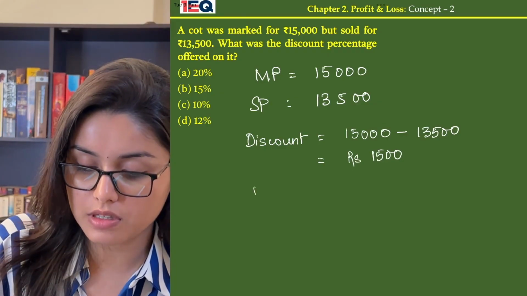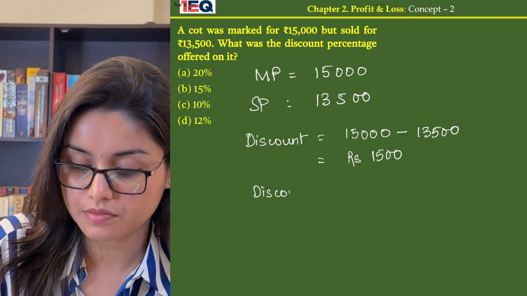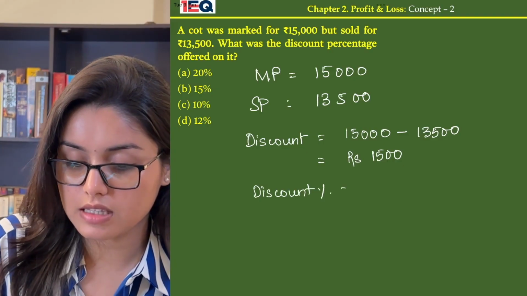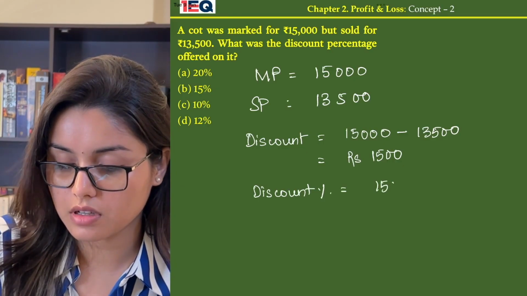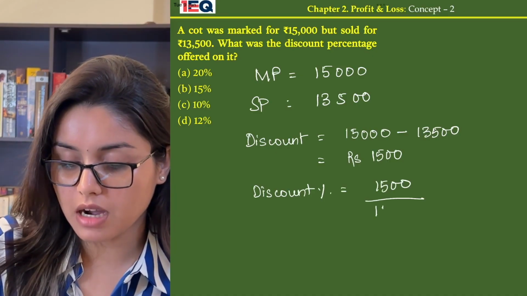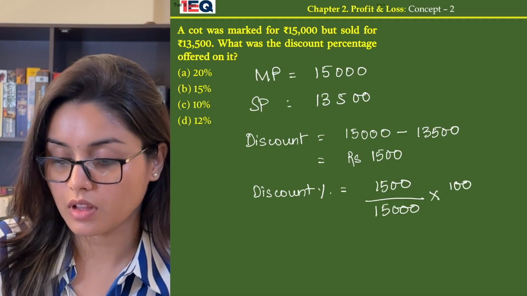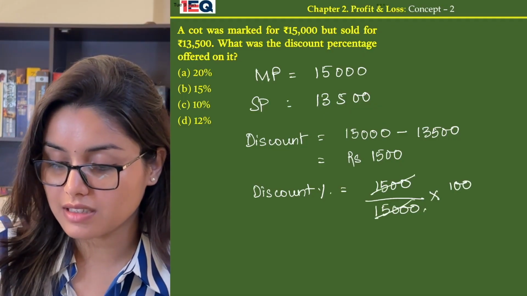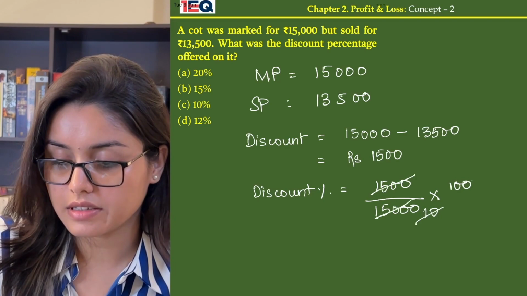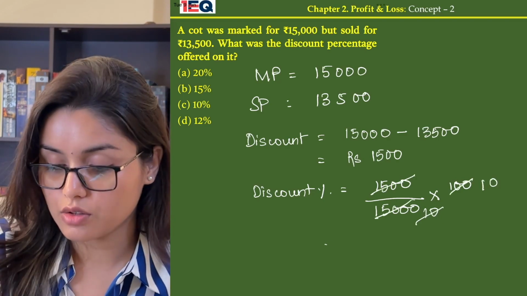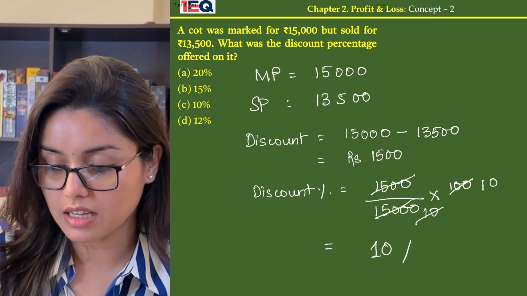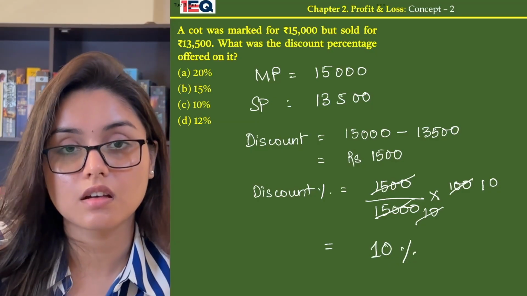So, my discount percentage is equal to my discount by my marked price into 100. 1,500 tens are 15,000, 10 tens are 100. So my discount percentage is 10% and my answer is C.